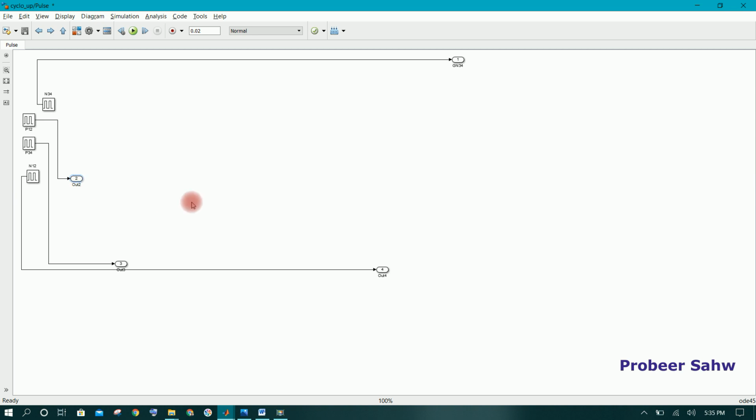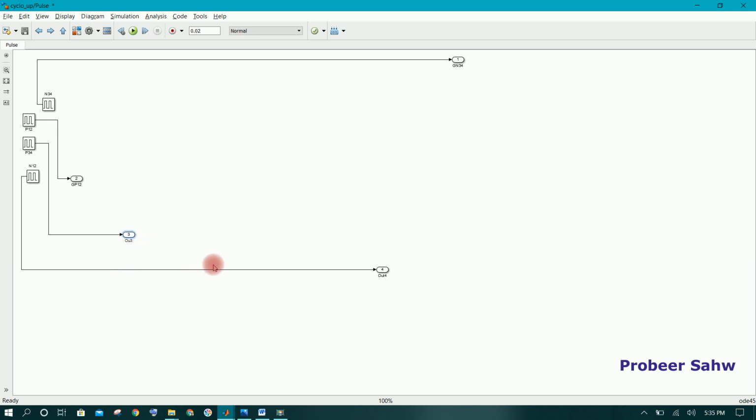Similarly, GP12, G means gate pulse for the thyristors. GN34 is the gate pulse for the thyristors N3 N4, and GP12 the gate pulse for the thyristors P12.